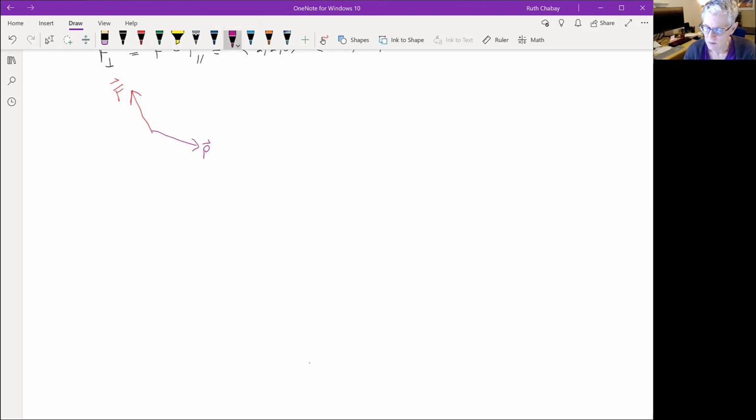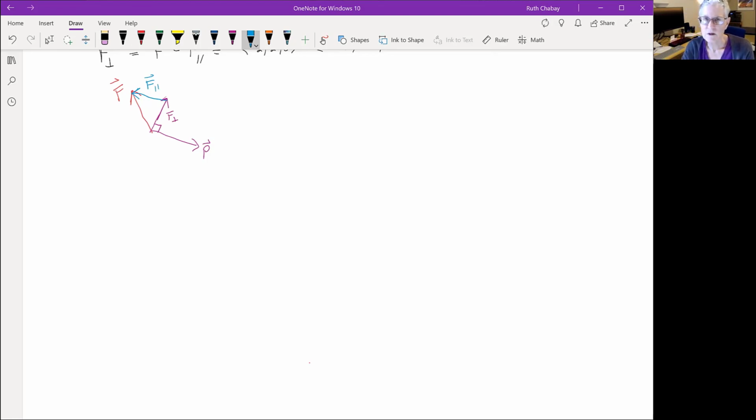We want to express this vector F as the sum of two perpendicular vectors, one that's perpendicular to P and another one that's parallel to P.